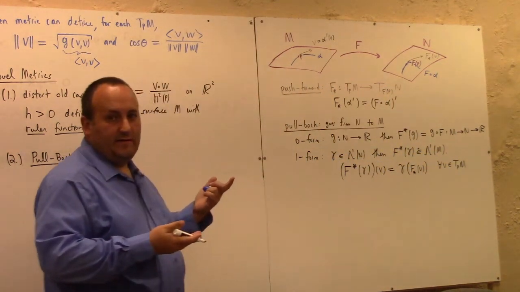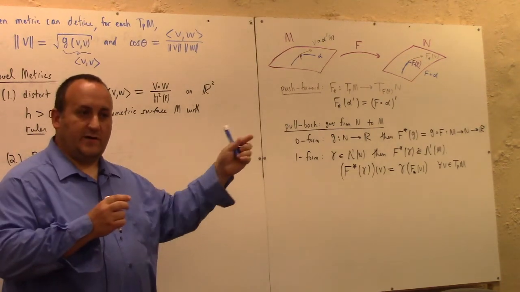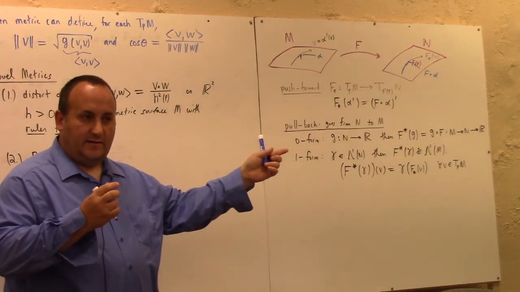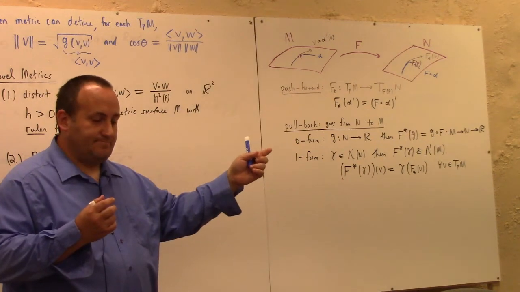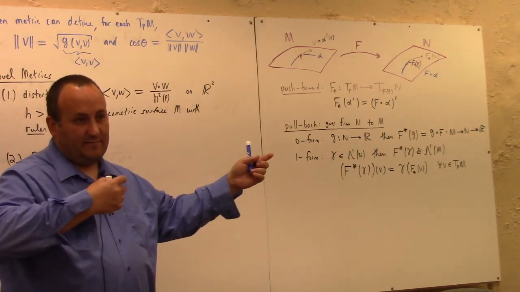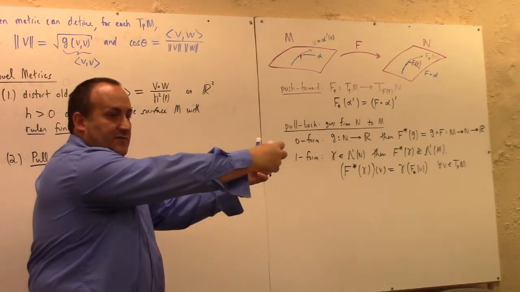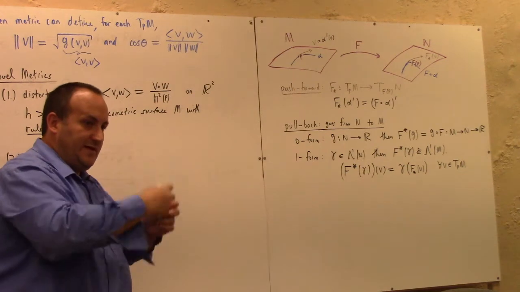Indeed, that is the definition of pullback. The way it works is you take a differential form in the codomain, and then you pick a vector in the domain, and you push it forward over there and let the form act there, and that's how you define the differential form in the domain. That's the pullback.